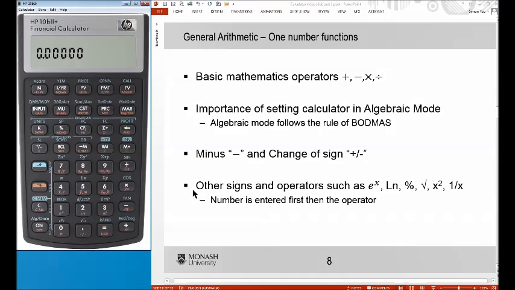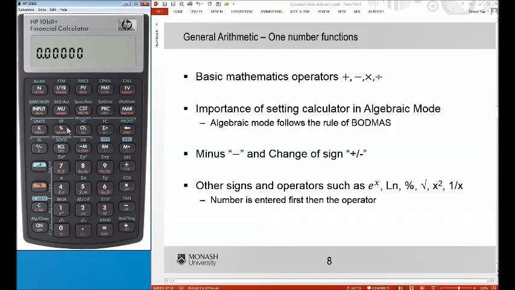And we also have other signs and operators such as exponential, which is located as the orange function below 1, logarithm, which is located as the orange function below 2.